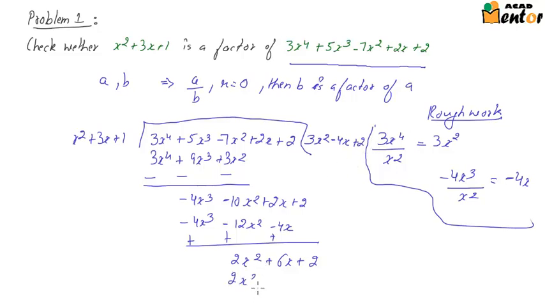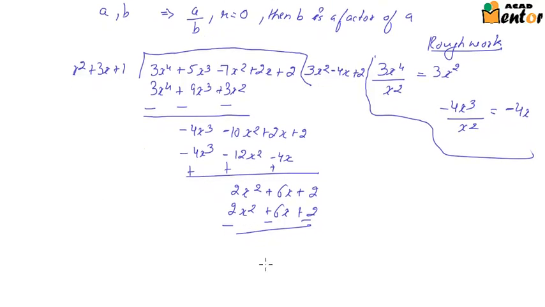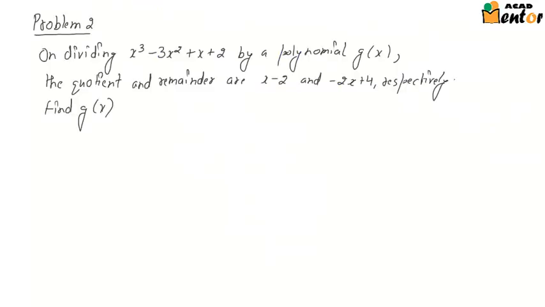So 2 multiplied by x square gives 2x square, 2 multiplied by 6x will give us 12x, wait, as shown, 2 multiplied by 6 will give us 6x, and 2 multiplied by 1 will give us 2. And we see that the remainder is 0 now. So now we can say that this polynomial is a factor of this polynomial, since the remainder is 0 after the division. Now let's look at the second problem.